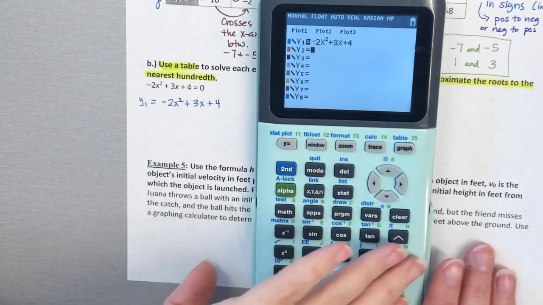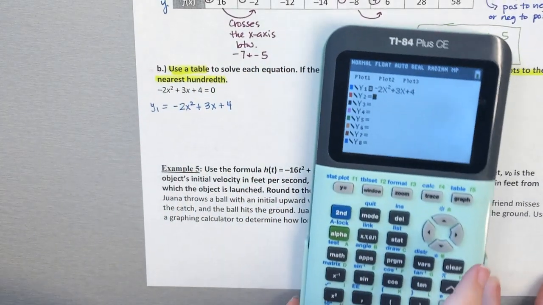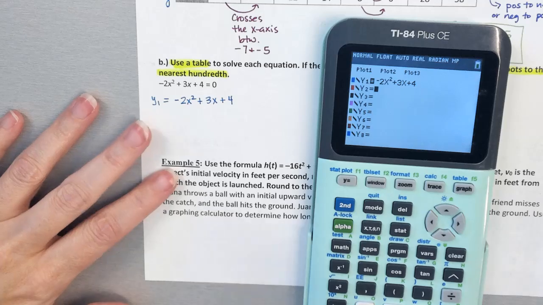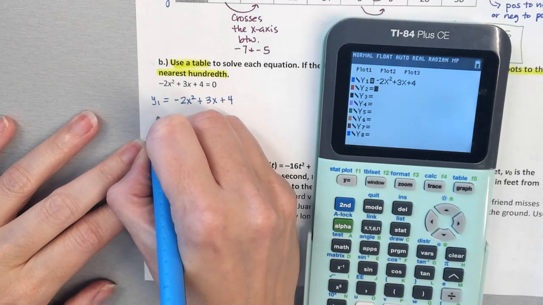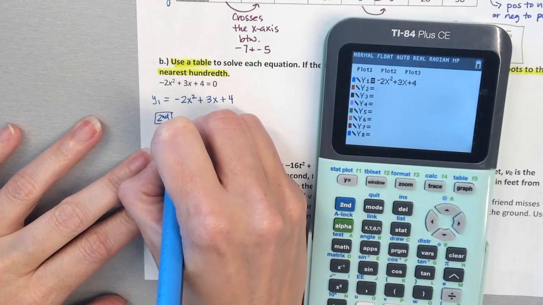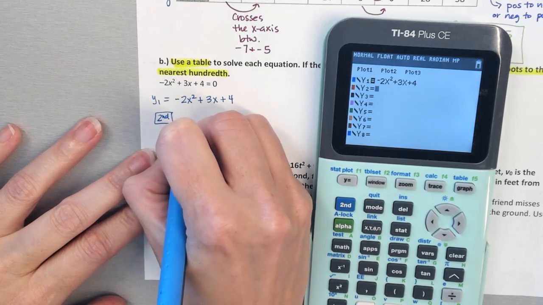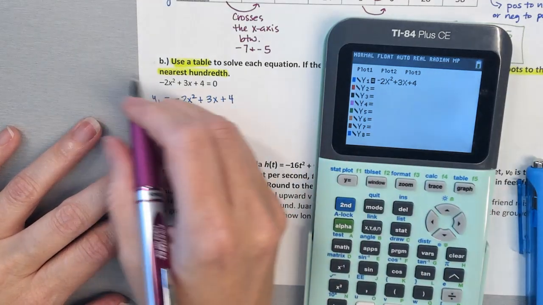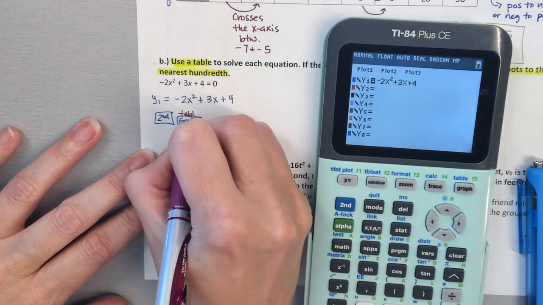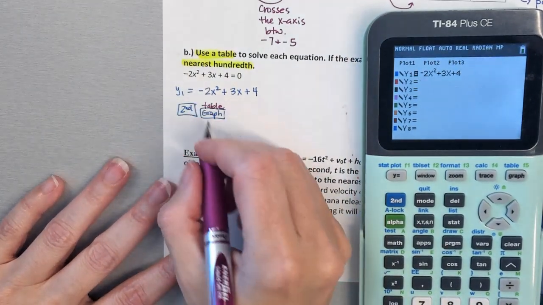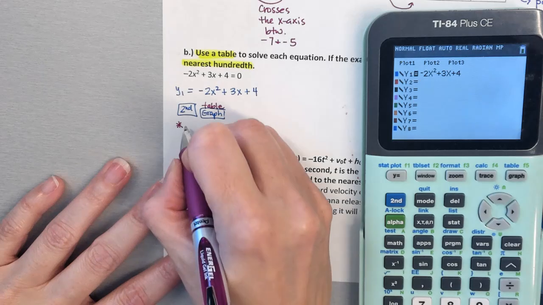Okay, and then we are going to go to the table. Whenever you're going to the table, the first thing you want to do is check to see if there is a y-coordinate that's 0. So you're going to go to second, and hit the graph button, because above the graph button it says table. So your first step is to look for a y-coordinate that's 0.